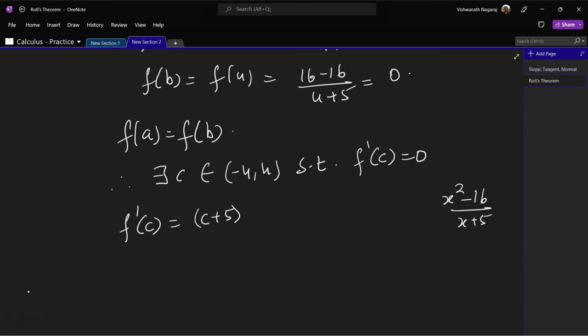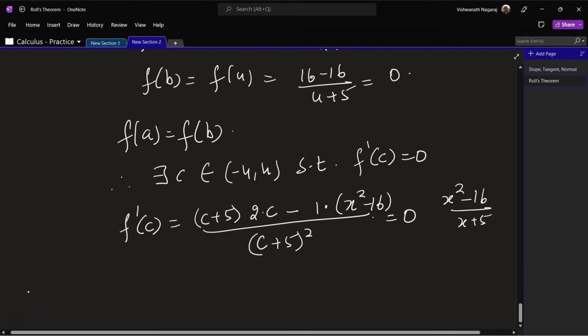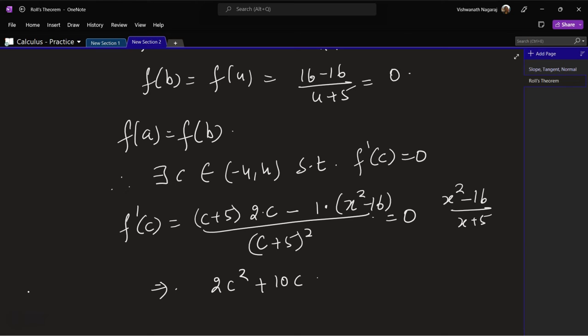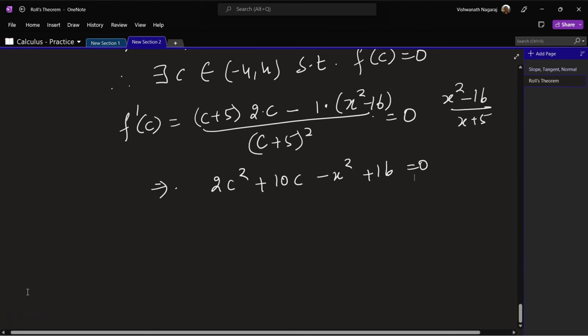So c plus 5, denominator as it is, then we differentiate the numerator: 2c minus, differentiate the denominator, x square minus 16 divided by c plus 5 whole square, equal to 0. So this implies 2c square plus 10c minus c square plus 16 equals 0. The denominator disappears when we take it to the other side.